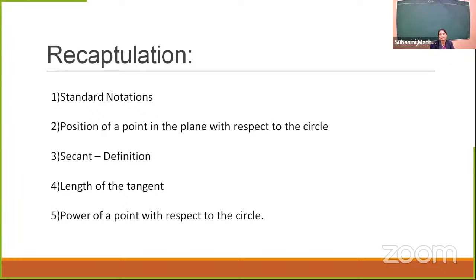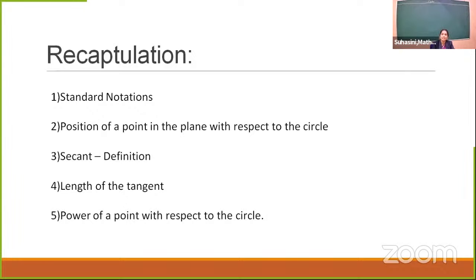And what about S11, children? Both the x take the suffix 1. Therefore, x1 into x1 will become x1 square. Therefore, S11 takes the notation x1 square plus y1 square plus 2gx1 plus 2fy1 plus c.